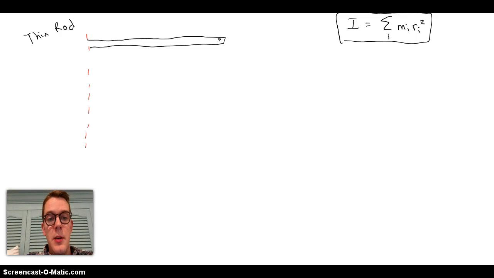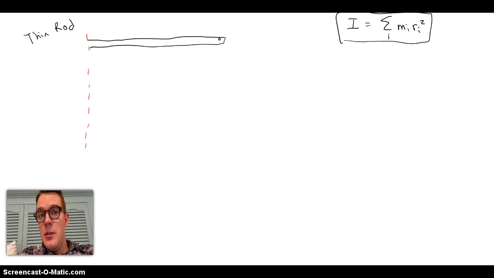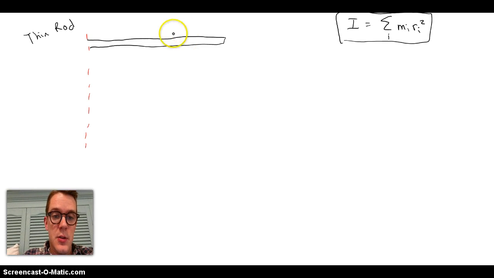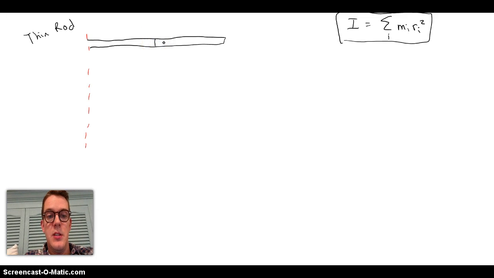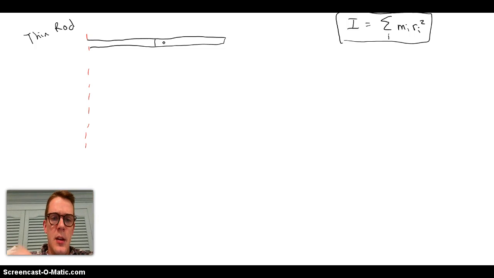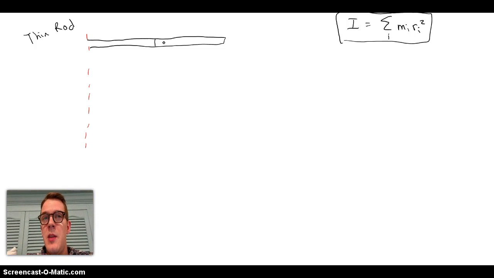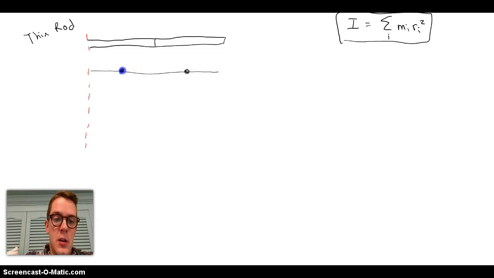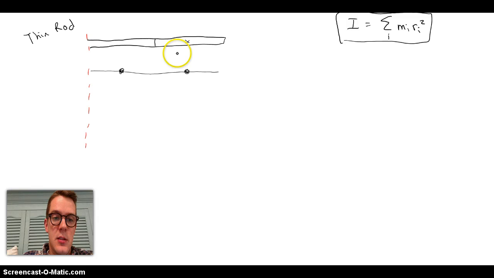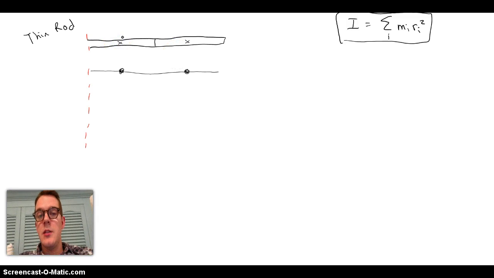So one thing we could try here is breaking it up into pieces. So let's first try just breaking it into a couple of pieces. So now I can see 2 pieces, and I might think that maybe I could just simplify this and say, okay, well, this system's just like 2 particles, if I say that the center of mass is where all the mass of each chunk is.